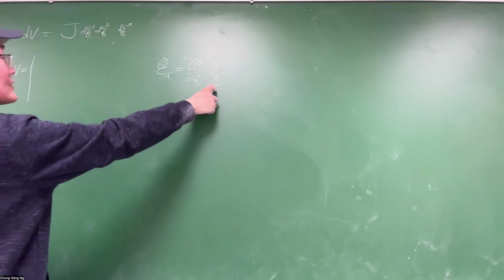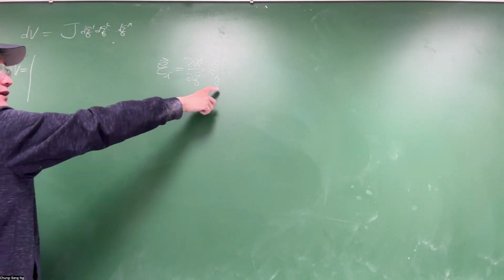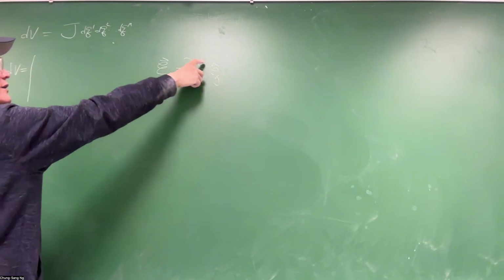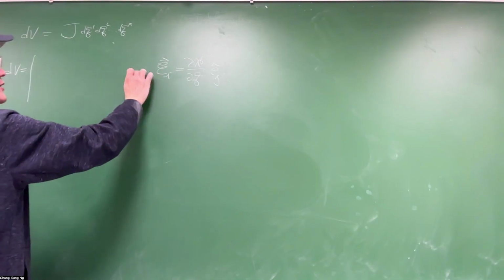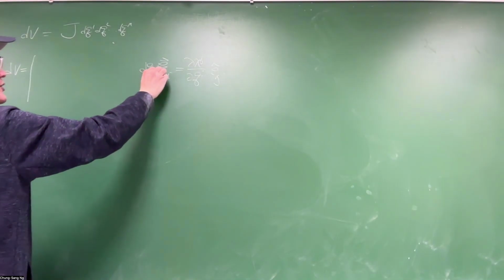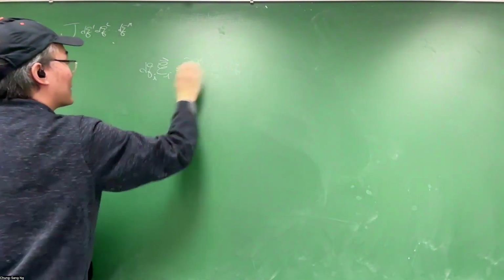So the projection of this e sub i, epsilon i, on the Cartesian unit vectors is this derivative, right? And then you multiply by dq_i. No sum. This is not a sum over i. It's just multiplied by dq_i.